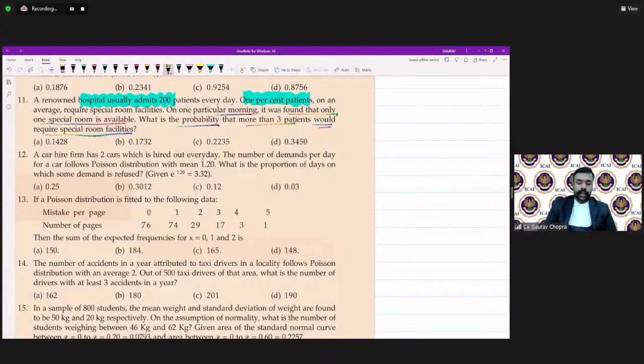What is the probability that more than 3 patients would require special room facility? So this is what we have to calculate here. Let us check what is given here.